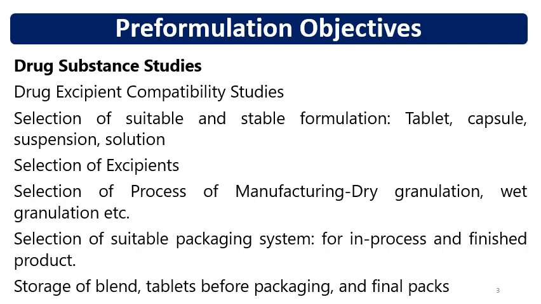Like store in triple laminated polybag, or store with silica if the material is hygroscopic. Store with oxygen scavenger if the material is sensitive to oxygen. So based on that, the storage of blend and tablets before packaging and the final packaging is performed.